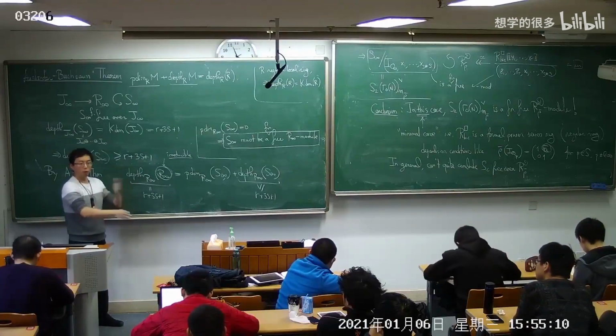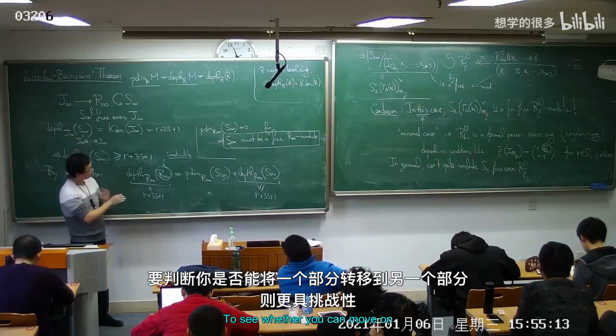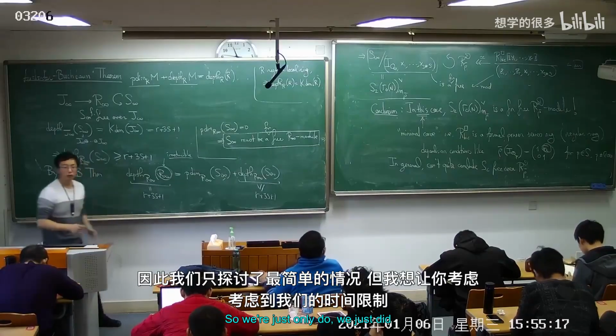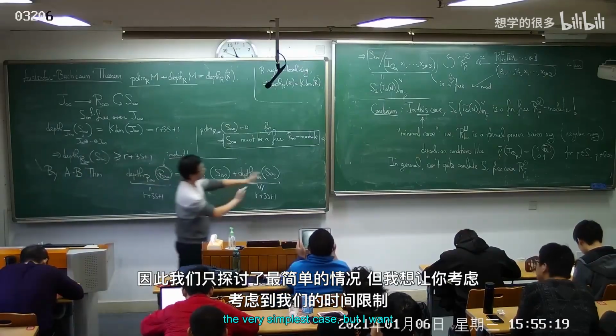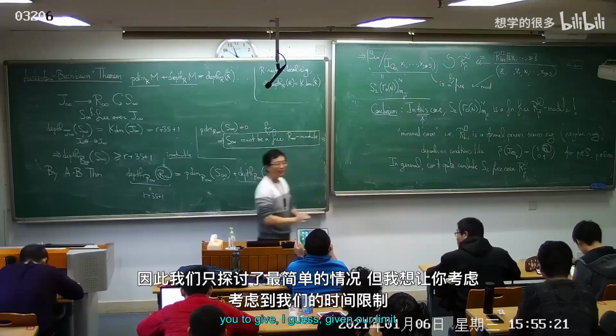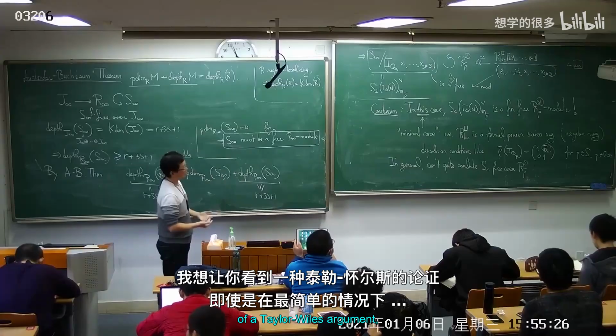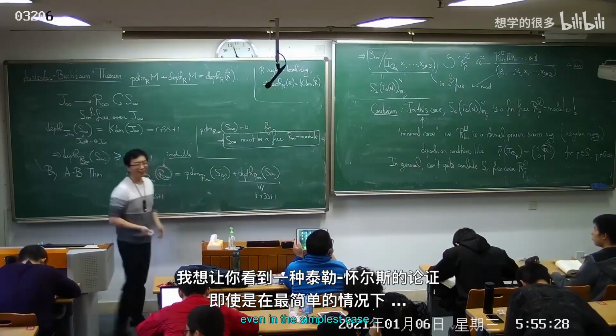There's more work to be done to see whether you can move from one component to another. That's a more difficult thing to do. So we just did the very simplest case, but given our limited time, I want you to see a kind of Taylor-Wiles argument, even in the simplest case.